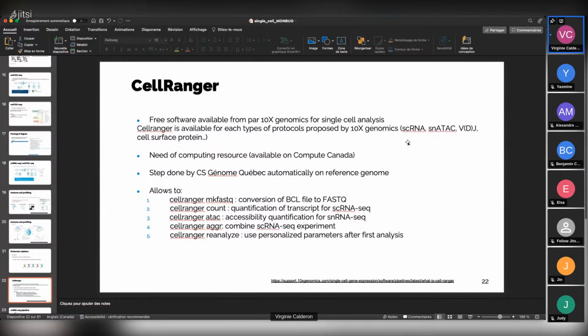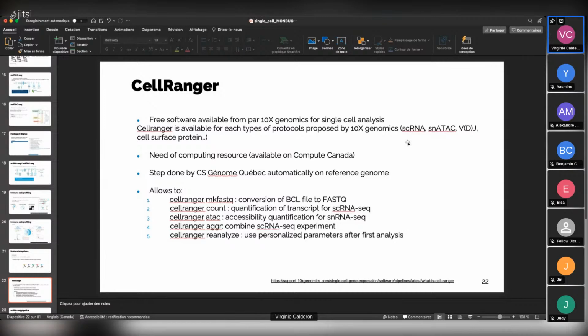You have all the versions, whatever protocols you are using: single-cell RNA, ATAC, VDJ, cell surface, multiplexing, etc. They have developed all the versions of Cell Ranger for all these protocols. It's free, but you need a computing resource to use this software. You cannot run this on your computer. It's already available on Compute Canada. You just have to load this module on Compute Canada and you will be able to do it. It's one command line.